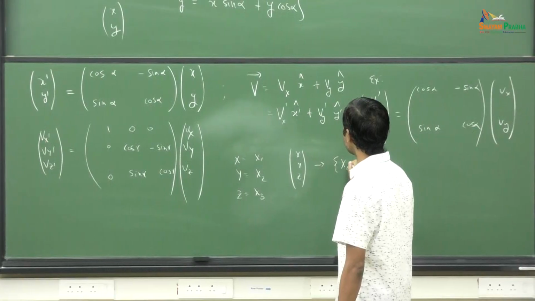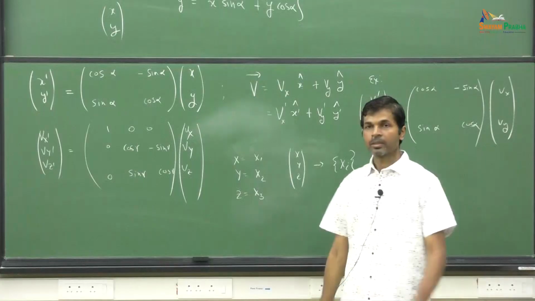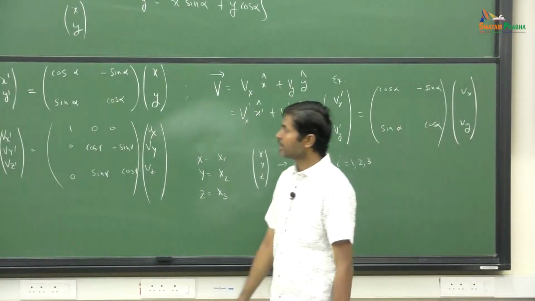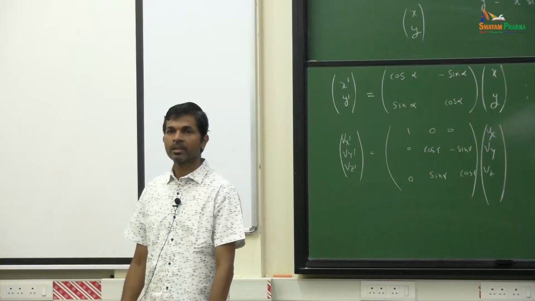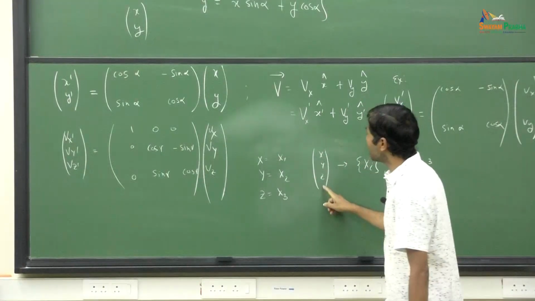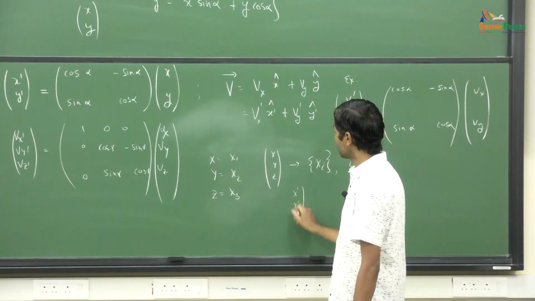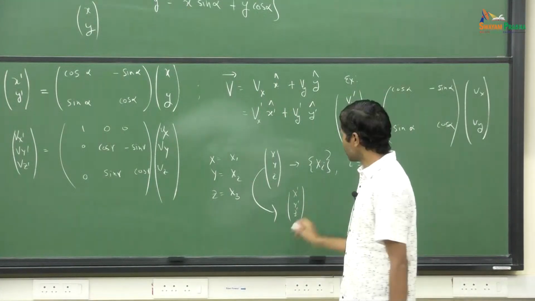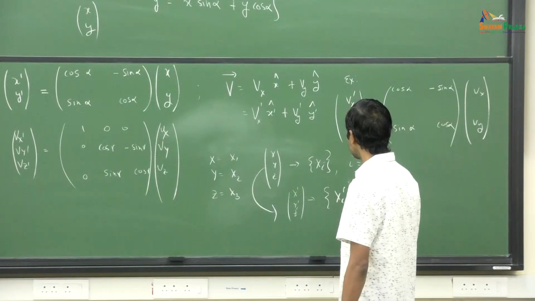I will say xi, where i runs from 1 to 3. Then in 3 dimensions, I am just making some arbitrary rotation. So x, y, z will go to x prime, y prime, z prime. So this is just some xi prime, right?